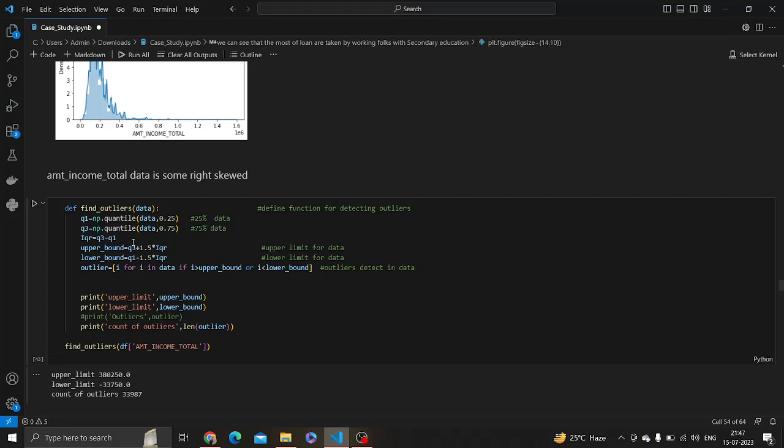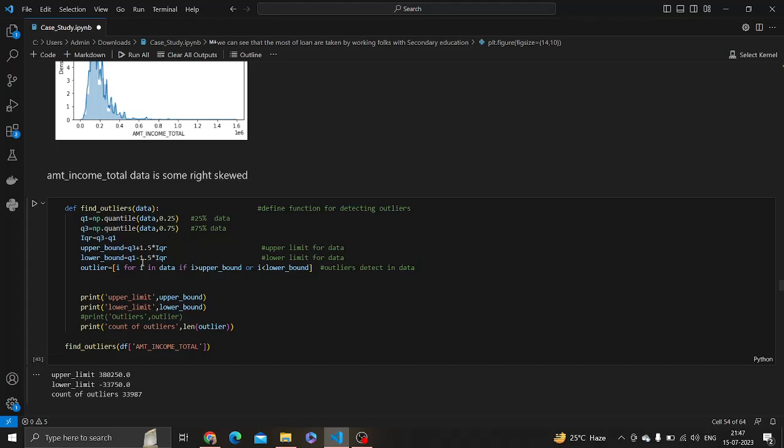So I'm making a function to find out the outlier, like finding the 25% of the data, 75% of the data, then finding out the upper bound and lower bound. Actually, upper bound and lower bound is a particular step for finding out the outlier of a data. So you might be thinking, what is an outlier?